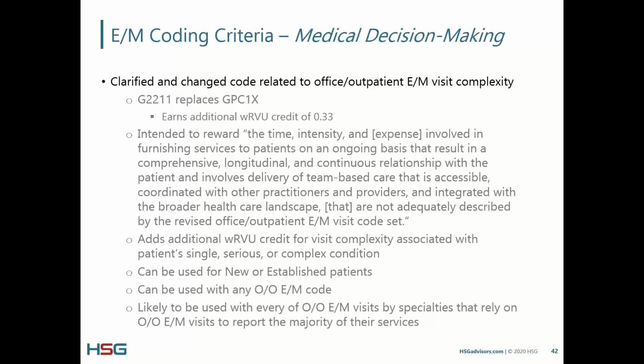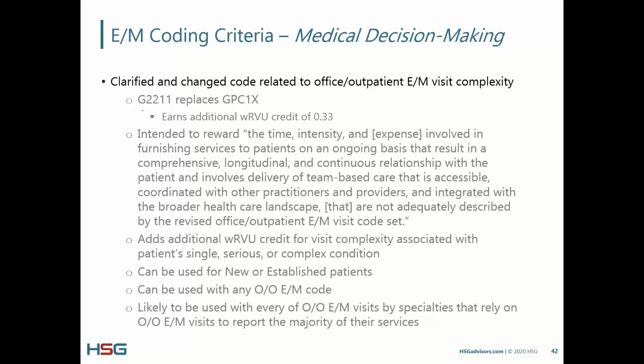So just as there was a new code for prolonged service time for when looking at time of service, there's a new code looking at medical complexity and E&M complexity. This was presaged before as a placeholder G code, which was this GPC1X.